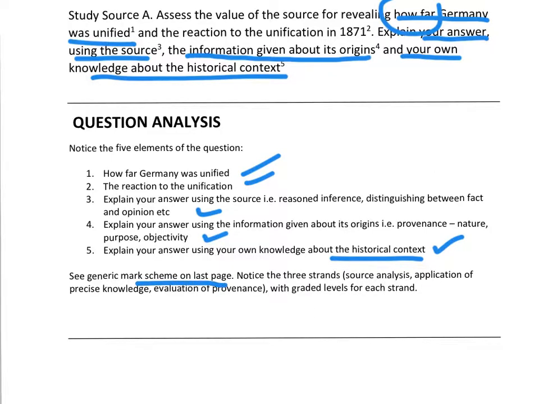We won't go through it as part of the podcast, but you will notice those same 3 strands, making an inference, using your own knowledge, and evaluating provenance, appear within each graded level. So you need to be demonstrating that at all levels to achieve any particular band.